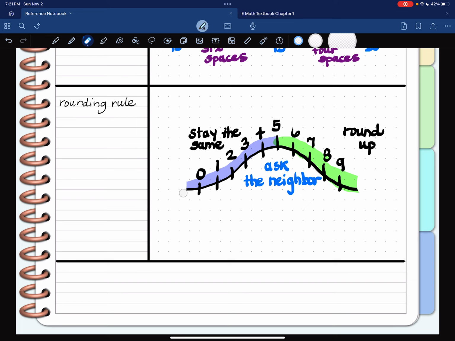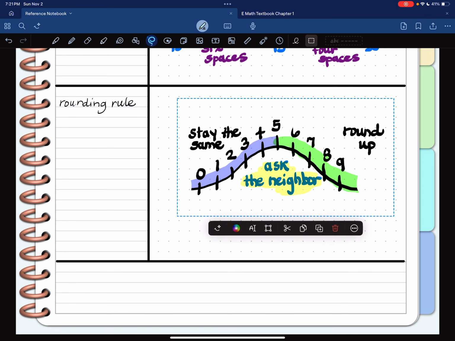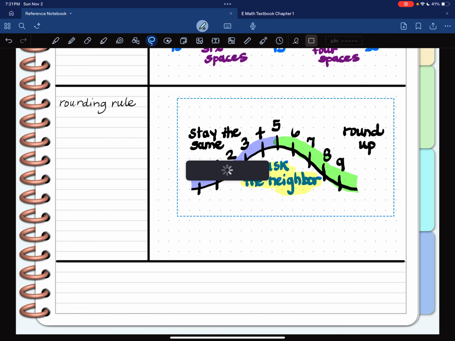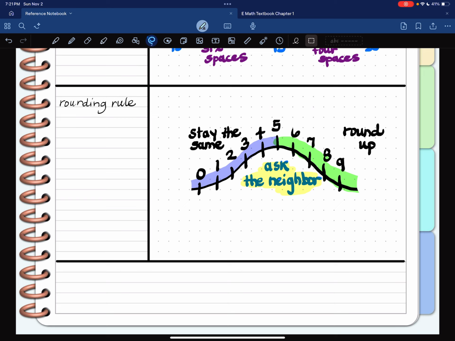And I'm going to take off a little bit of excess because I'm going to copy and paste that in just a second. So I'm going to go ahead and highlight under here to ask the neighbor. And I'm going to copy this right now so I'll have it when I go to the textbook. Let's just make a copy. Okay. So here's how it works.